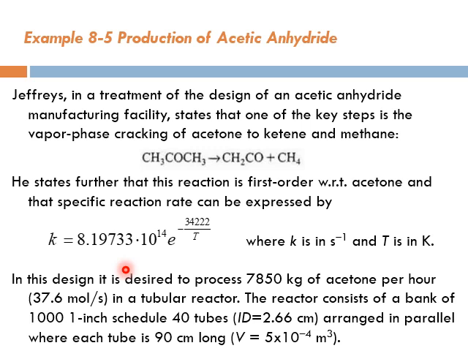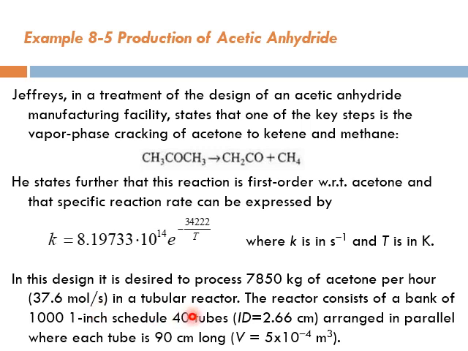What I did here is convert the kg per hour to mole per second, because it's more convenient to work with moles when you have a chemical reaction. We carry out this reaction in a tubular reactor.